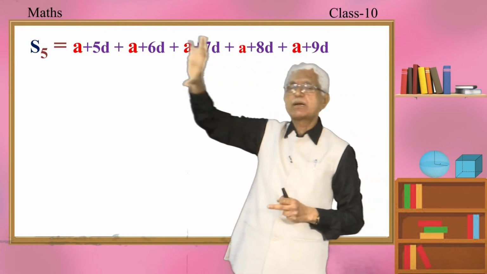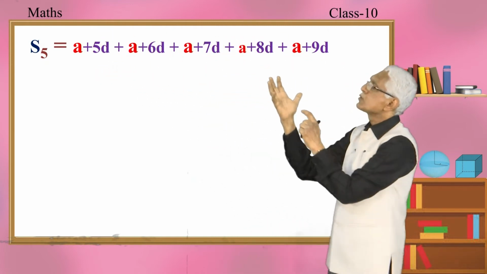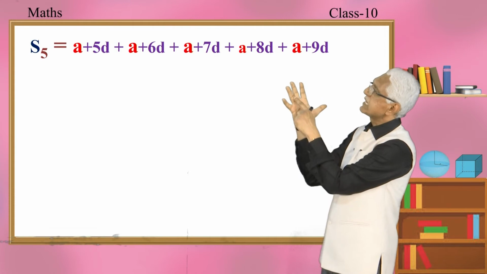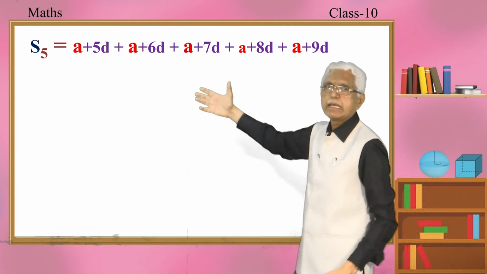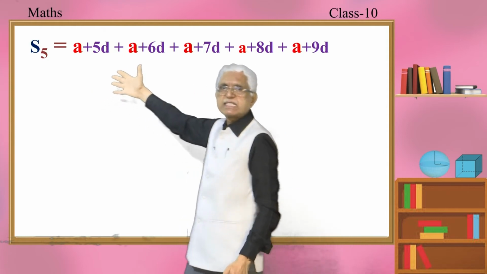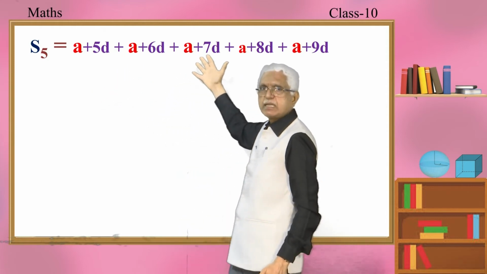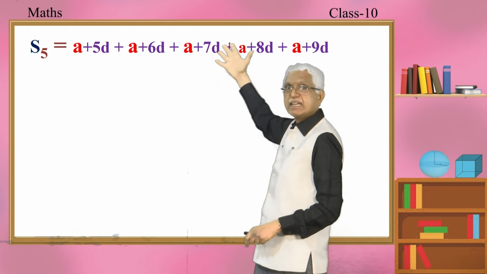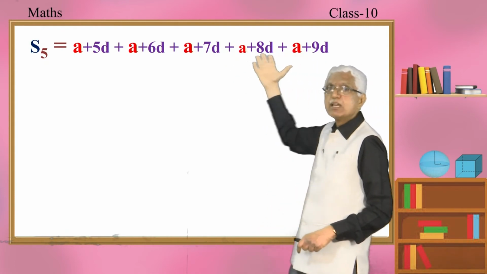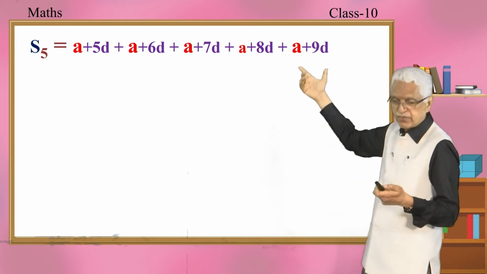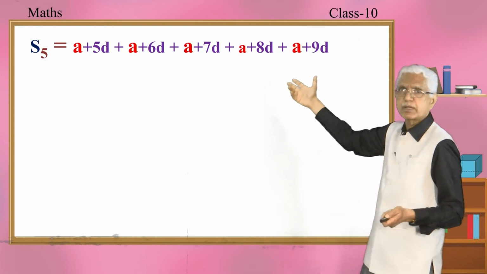So, I need the sum of the next 5. 6th term is A plus 5D, 7th term is A plus 6D, 8th term is A plus 7D, 9th term is A plus 8D, 10th term is A plus 9D. So, this is the sum of the next 5 terms, okay?